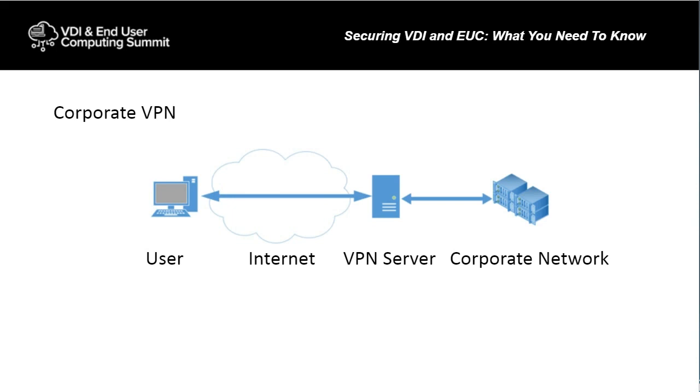So a corporate VPN is, of course, quite a bit different from an Internet VPN that's geared towards consumers. Once again, you've got a user who's working remotely, could be anywhere, and they use their Internet connection to connect to a corporate VPN server. Now, that corporate VPN server does a couple of things. First, it typically reaches out to a RADIUS server or some other authentication mechanism to authenticate the user's identity.